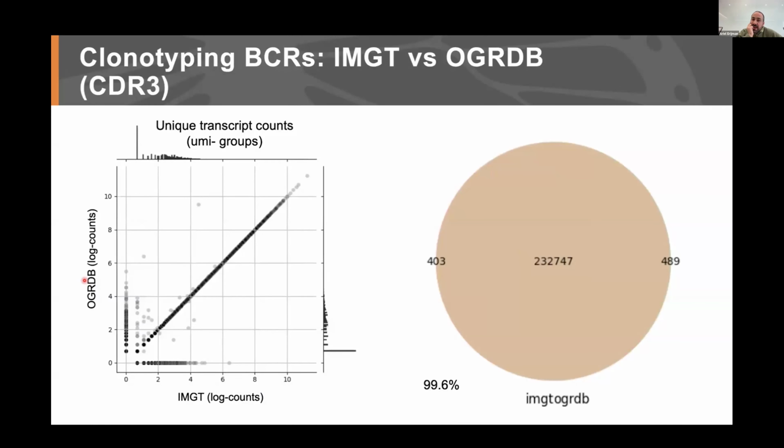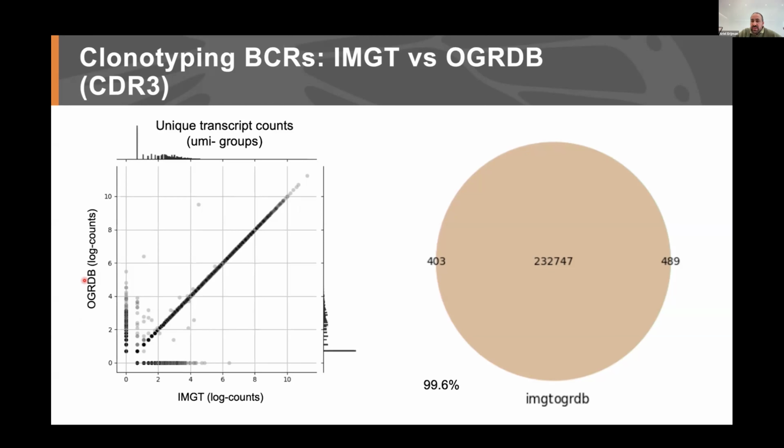When we checked what's in common analyzing with IMGT or OGRDB for the CDR3 sequence, we would expect to have 100% identity, and we are almost there.